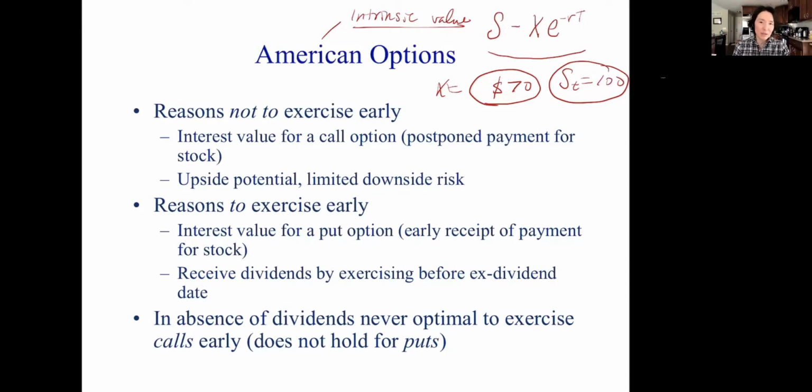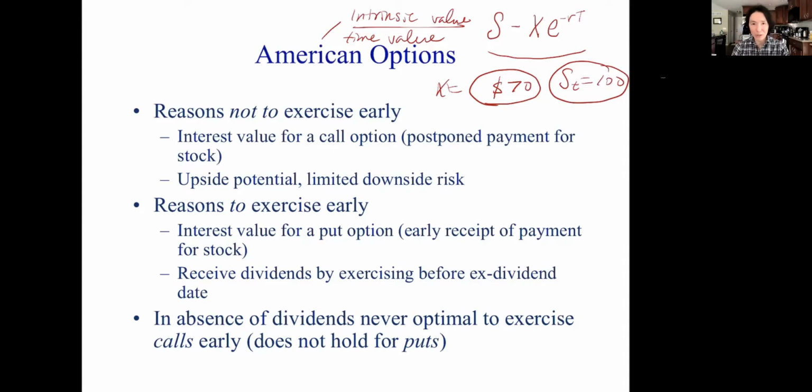There's another reason not to exercise early, because by exercising it, what do you lose? You lose the time value of the option, right? Remember, option value has two components. One is the intrinsic value, the other is time value. And if you exercise an American option early, then basically you lose the time value, right? Suppose the option is out of the money.